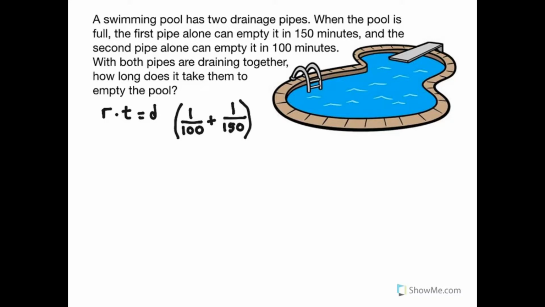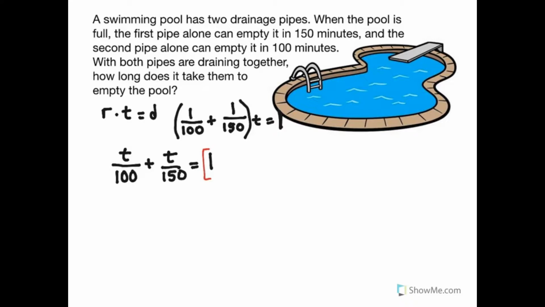So those are the two rates, and they're going to be working together, multiplied by the time, and together they're going to drain one whole pool. The way we usually write this is by distributing the t: t over 100 plus t over 150 is equal to the whole job done.